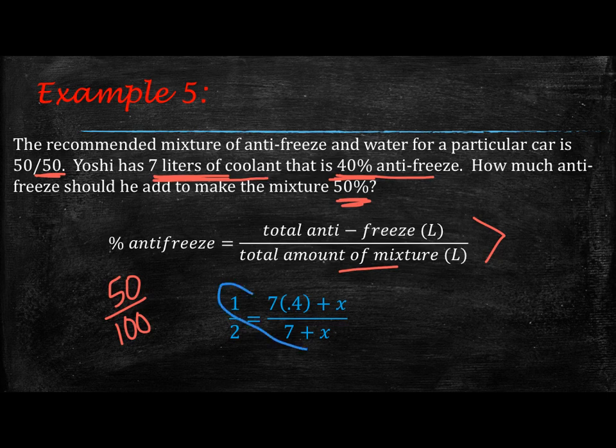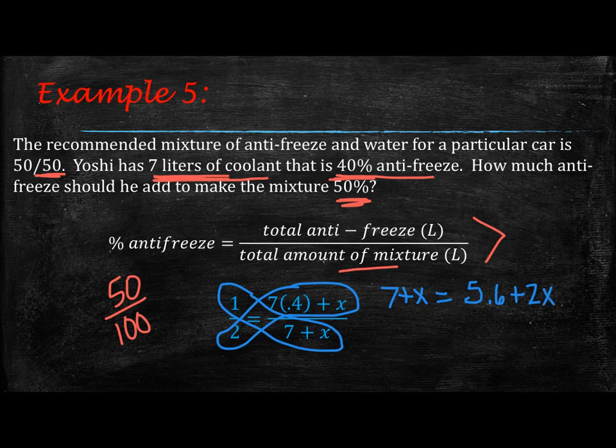So I'm going to multiply this, which would just be that 7 plus x, and set it equal to this, which if I do 7 times 0.4 times 2, that's going to give you 5.6. And then I distribute the 2 to the x, so that would be plus 2x.